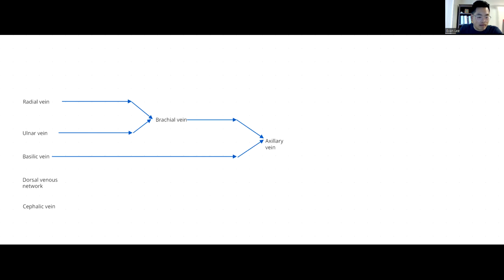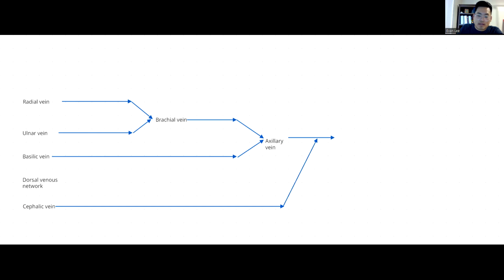Now, cephalic vein is going to do the same thing, except it's going to join with axillary vein towards the very end. So all the way from downtown, this is where you're going to have axillary vein continuing, but then this is where cephalic vein goes into it towards the end, but not at the very end.